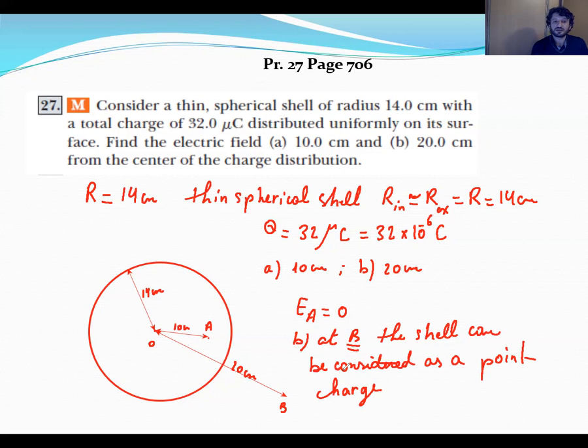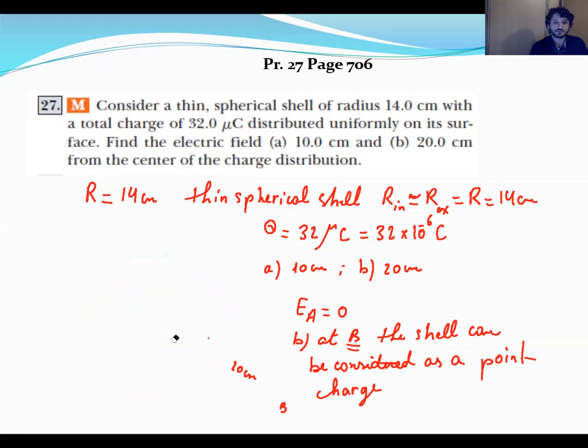So we can say this shell can be considered as a point charge. Here we have a point charge at the point O, and Q equals 32 times 10 minus 6 coulomb. It's the same. And the distance between these 2 points is equal to 20.